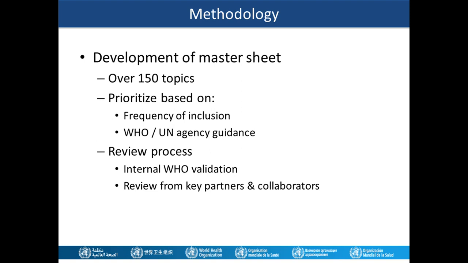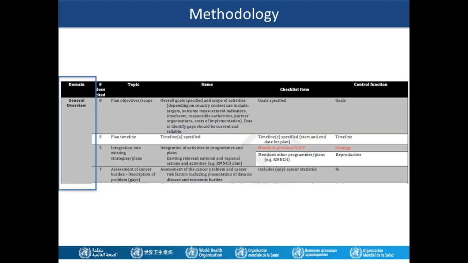As some of you know, there's a team dedicated at WHO to developing health plans, not just cancer plans, but plans across the continuum: HIV/AIDS plans, maternal health plans, et cetera. We sat with them and said, can you review with us these elements of plans and tell us how we should give countries guidance on what a plan should include? And from that, we narrowed the list of about 150 to 80 specific topics.